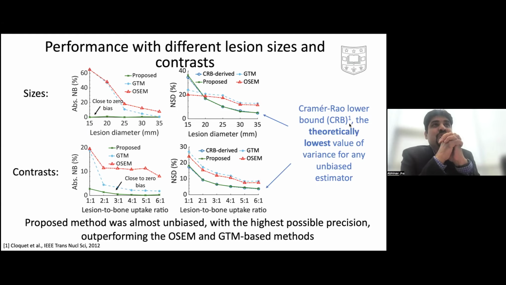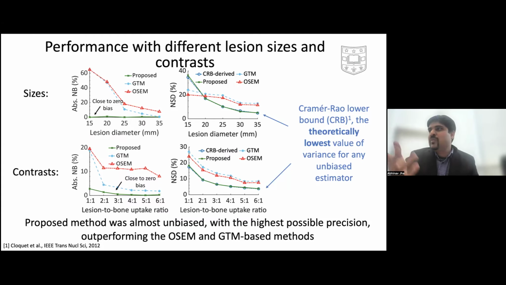So what do these results look like? Across different sizes of the lesion, you can see the lesion diameter here, here's the normalized bias, and here's the normalized standard deviation. Our method, shown here in green, gives close to zero bias in estimated activity uptake and gives variance that approaches what is called the Cramer-Rao bound, which is the theoretically lowest value of variance for any unbiased estimator.